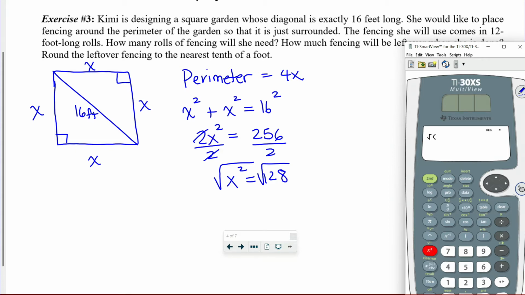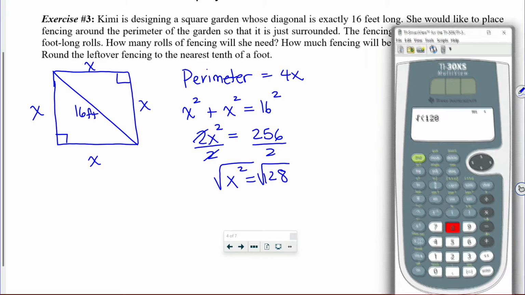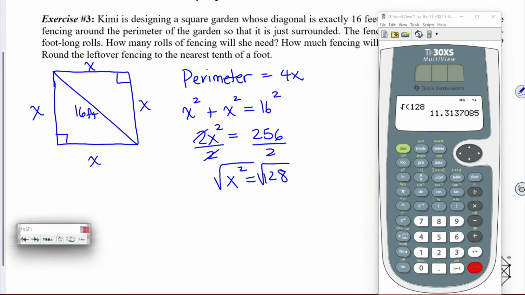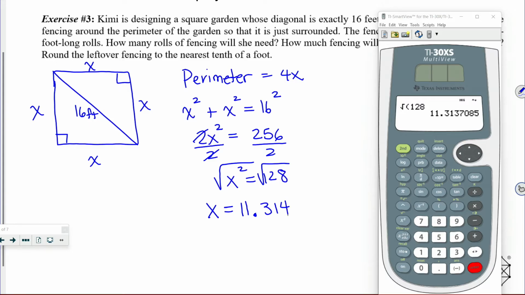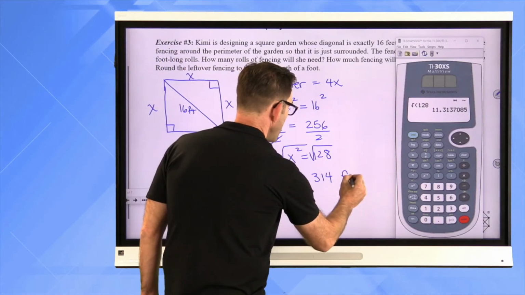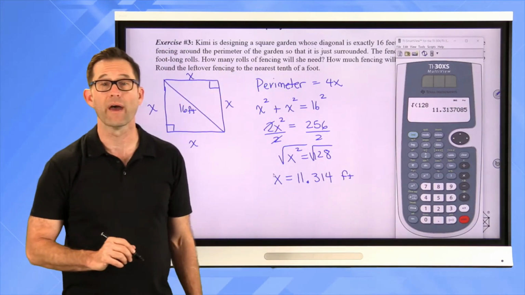All right, so let me just do the square root of 128 and maybe bring this calculator up a little bit higher so I can get to the enter button. All right, and that tells me that one side length is 11.314. I'll take it out 3 decimal places. And of course, that's in feet. Okay.